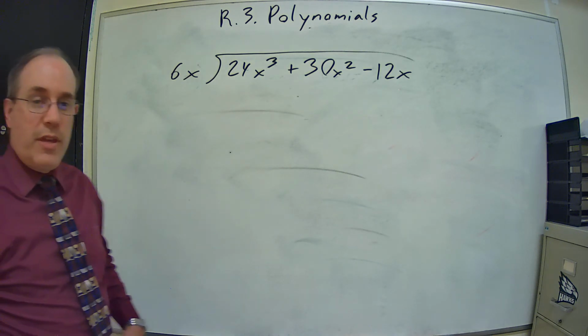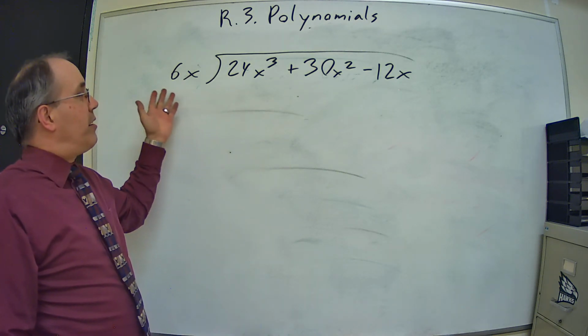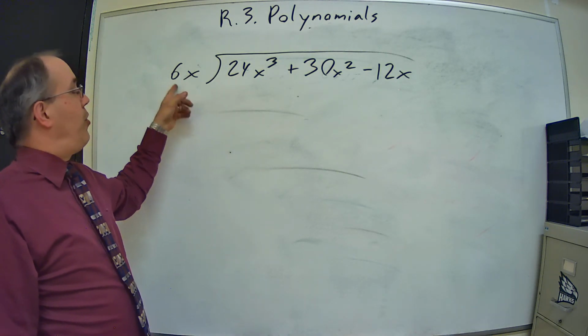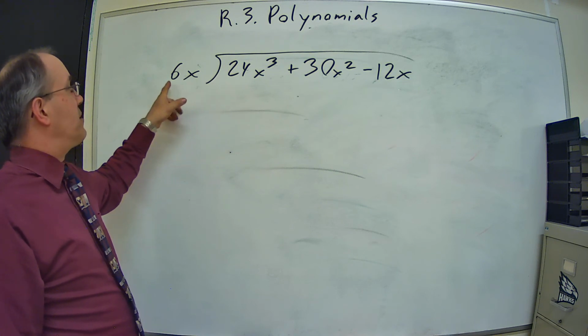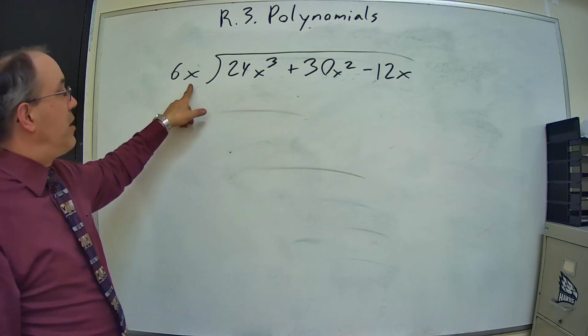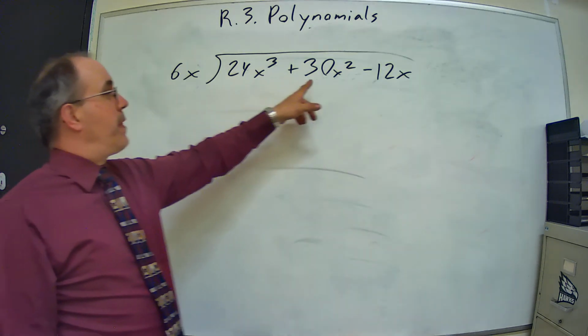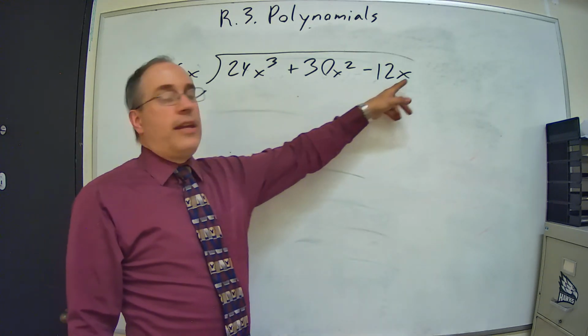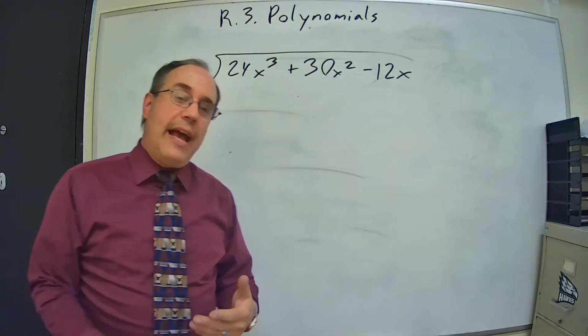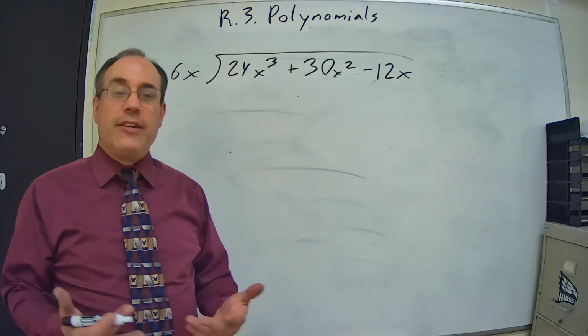6x. Well, here we should realize that if I'm going to divide this by 6x, 6x is a common factor of 24x cubed, 30x squared, and negative 12x. So I can actually divide term by term.